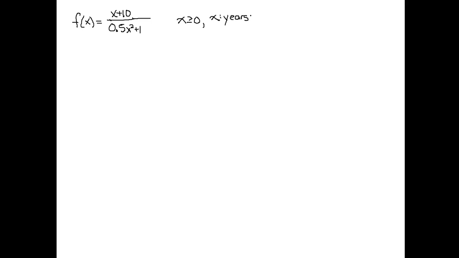So however many years have passed, you put them in for x, and the result this spits out, the f of x, will be the population of this species of fish in thousands. So f of x is population of a species of fish in thousands.